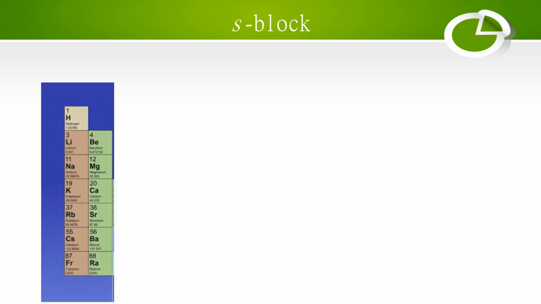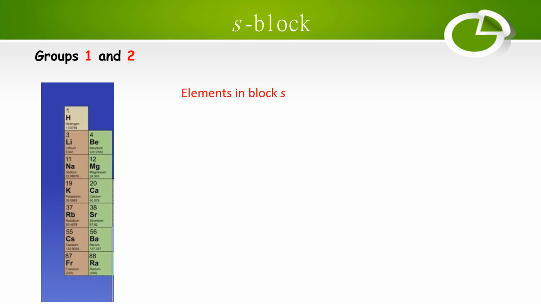S block. First, we take a look at elements in the S block. S block elements are located in group number 1 and group number 2. From the previous chapter, we already learned how to write electronic configuration.